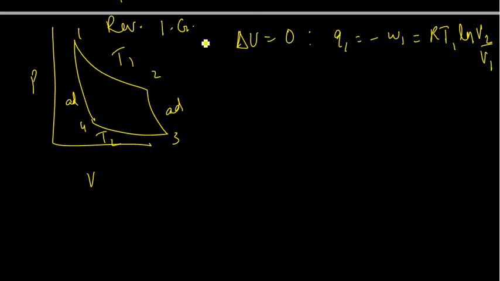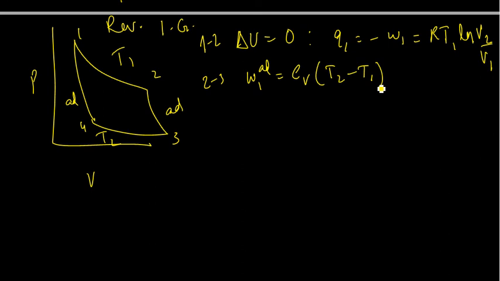So that's 1 to 2, then 2 to 3. Q is 0, right? It's an adiabat. What's W1 adiabatic? Cv delta T, right? T2 minus T1, right?